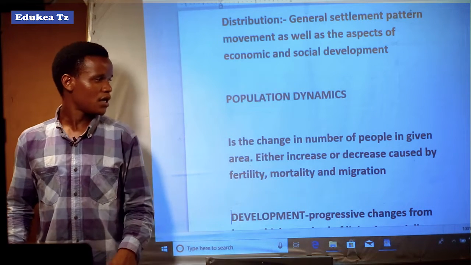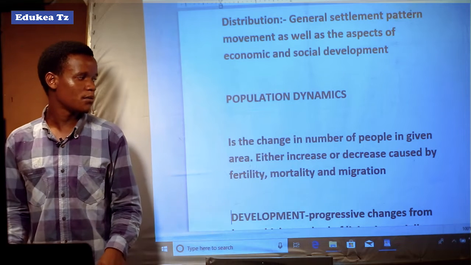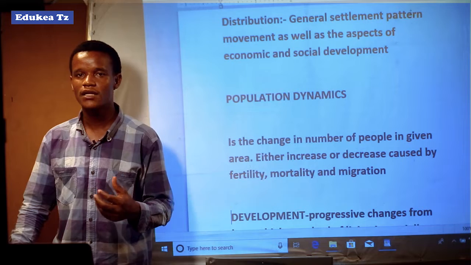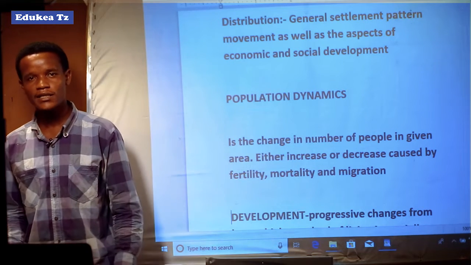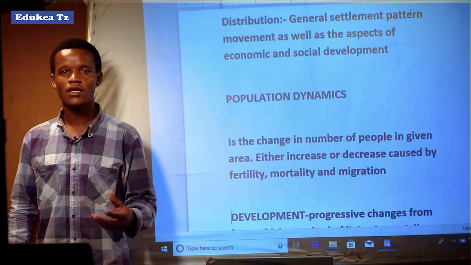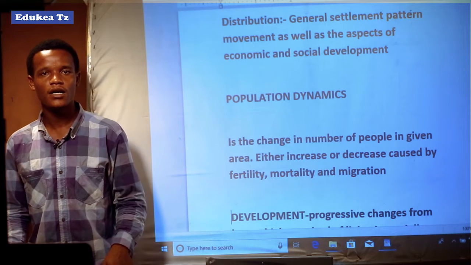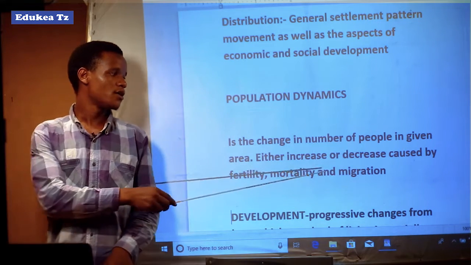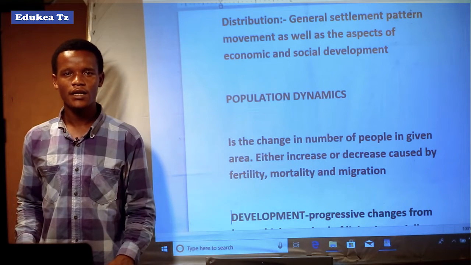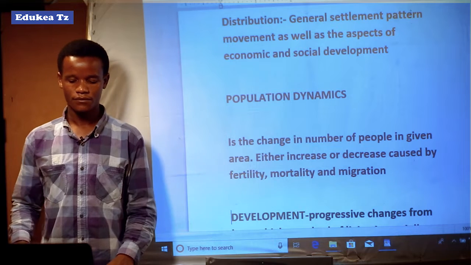Another thing you can look at in migration is pull factors. Pull factors are those things that attract people to go to that area. For example, areas that have good social services like water, electricity, and hospitals tend to attract people to go and live there. So in the case of migration, we look at two sides, that is, pull factors and push factors.